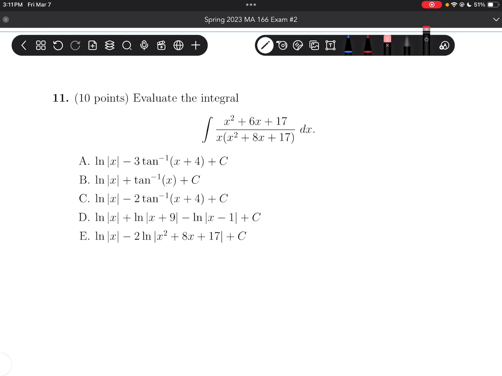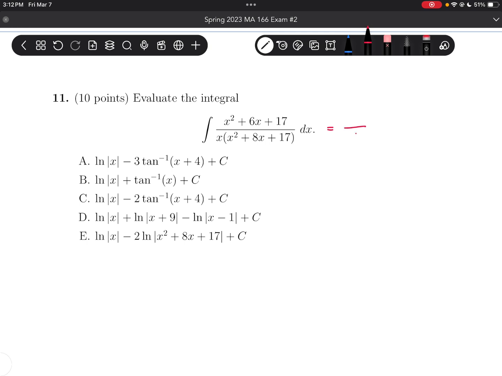Another big clue is that they, for some reason, factored the denominator. That is a subtle clue that it might be a good idea to use partial fraction decomposition.